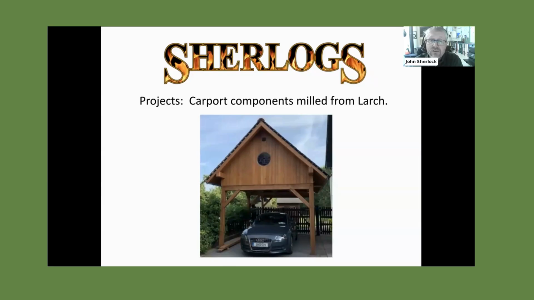And that's where I think our hardwoods and non-mass grown softwoods could be utilized. If you look at the front of that structure, you have T and G, so that's tongue and groove boards. They're 100 mil by 25 mil.